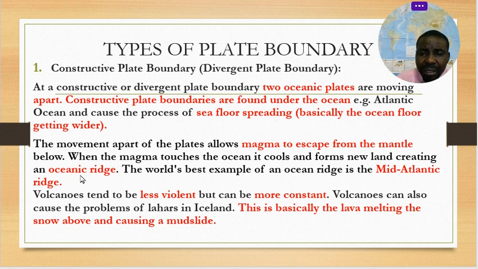The best example of this is the mid-Atlantic ridge. At this point, the eruption is not violent. It is a gentle one, less violent, but more consistent, more constant.